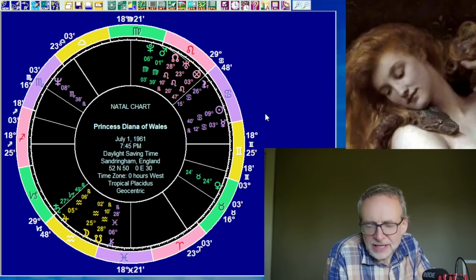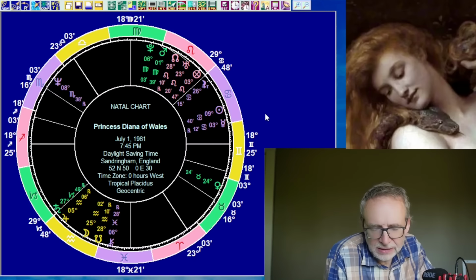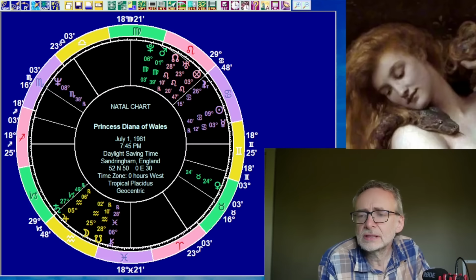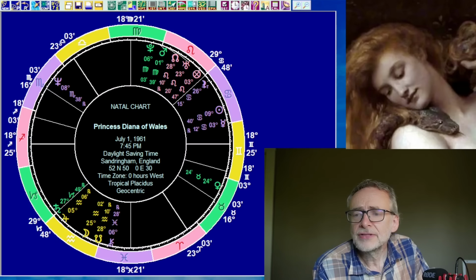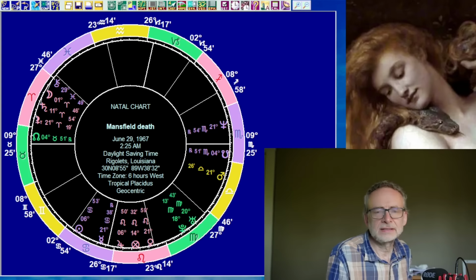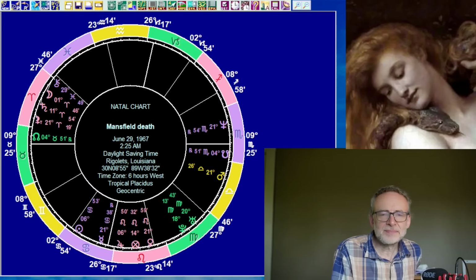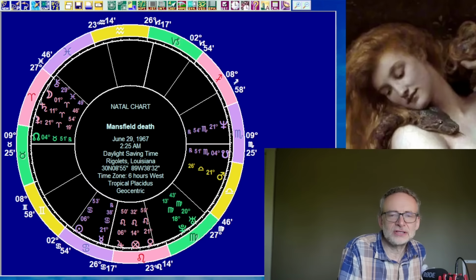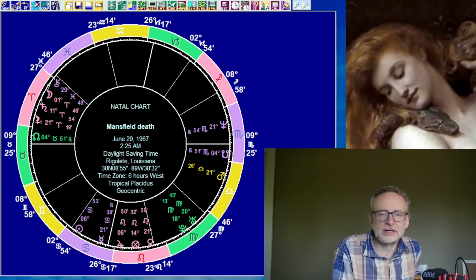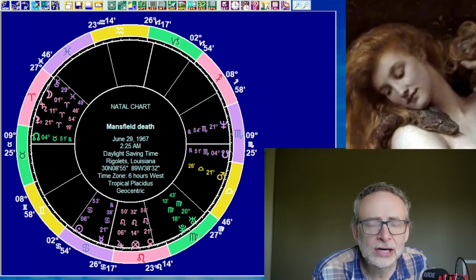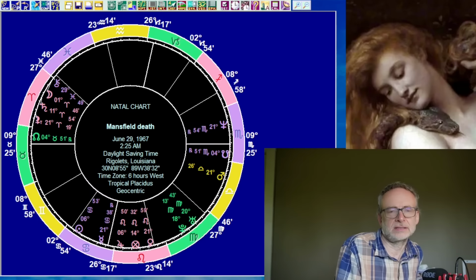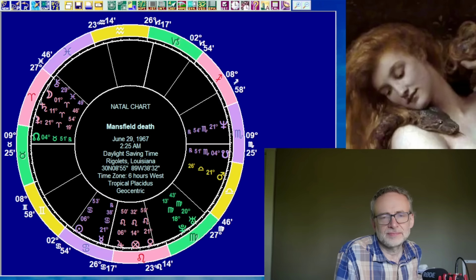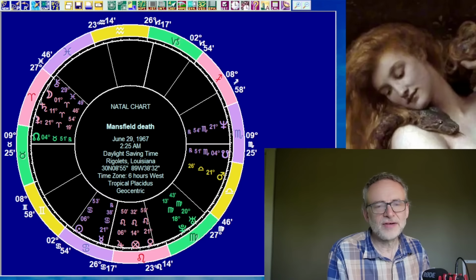Now, again, other things happening at night. This is something that happened at 2:25 a.m. on June the 29th, 1967 in Rigaud, Louisiana. And this is an event, and so here's the event.